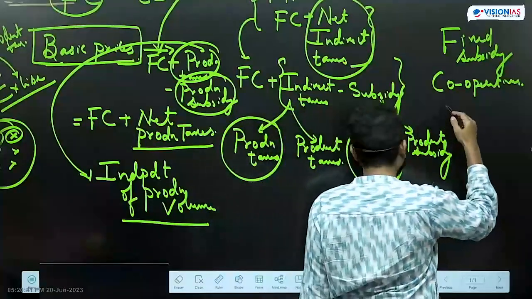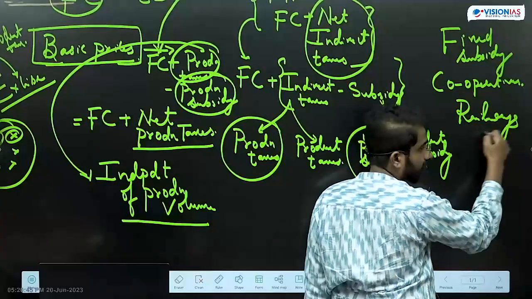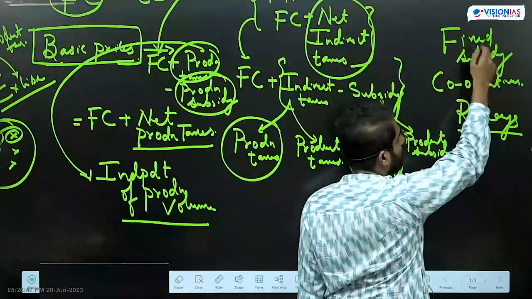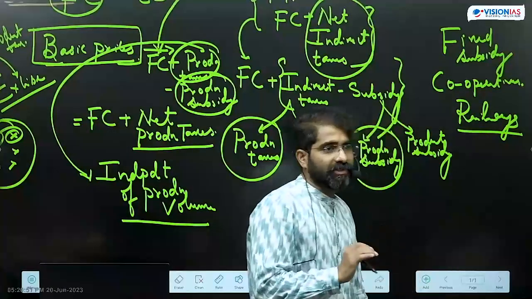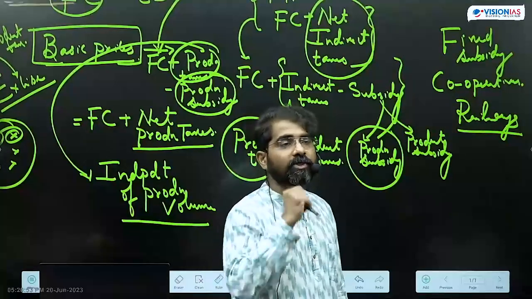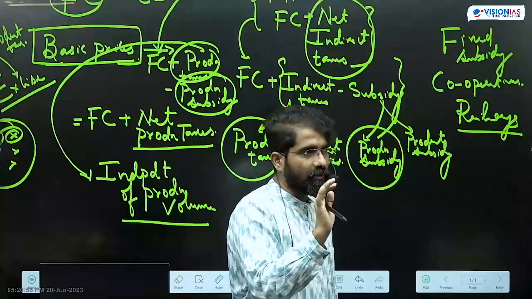Or government decided to give a fixed amount of subsidy to railways. These are production subsidies, because they are not linked to the production volume.